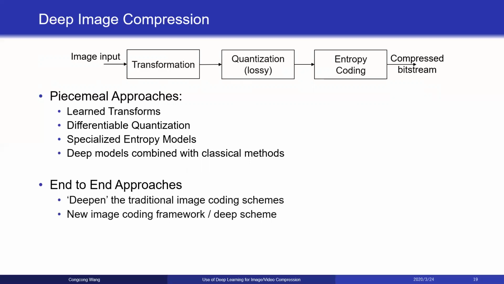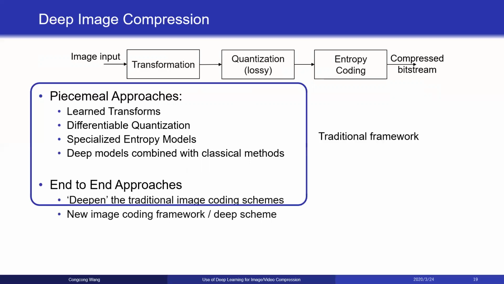Both of these methods are still under the framework of the traditional methods. Besides this, some work has proposed new image coding frameworks. They do not rely on the traditional transformation, quantization, entropy coding flow. They are trying to find new deep learning frameworks. I will introduce these methods step by step.